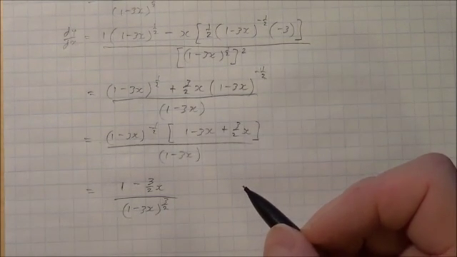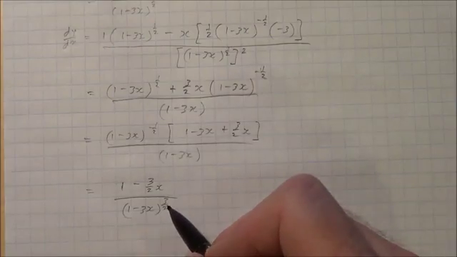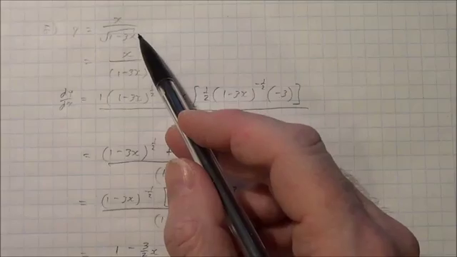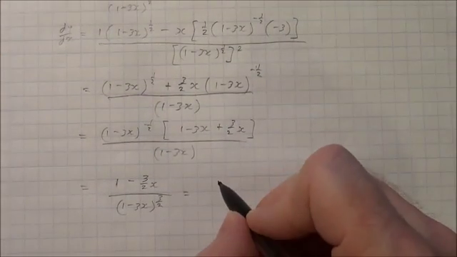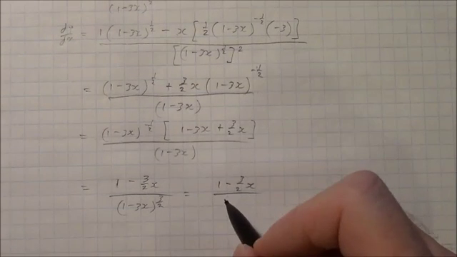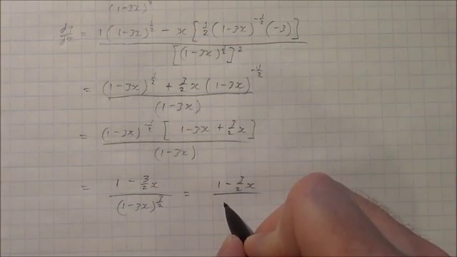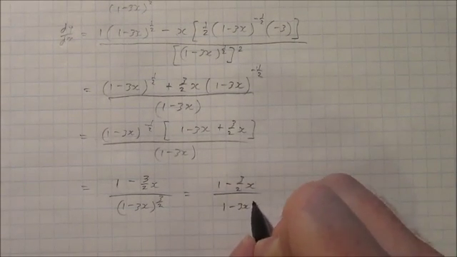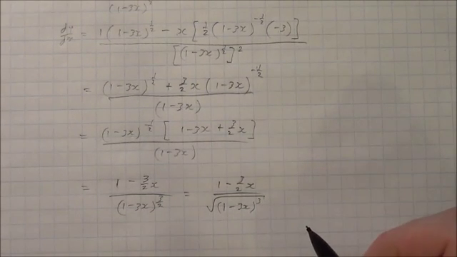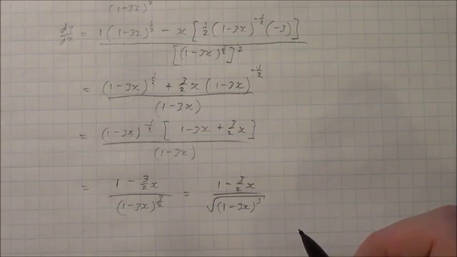And if I want to return that to root form as it is given in the question, I'll then change that to 1 minus 3 over 2x over the square root of 1 minus 3x cubed. And that would be the derivative of the given function for part F.